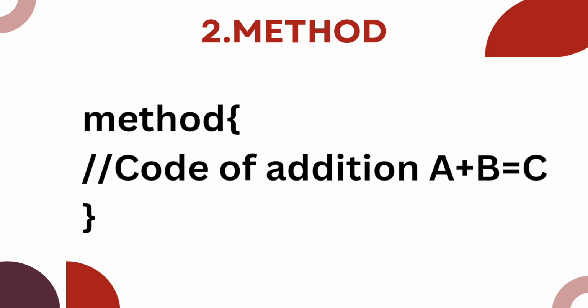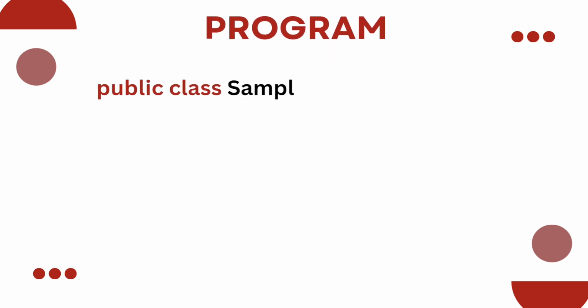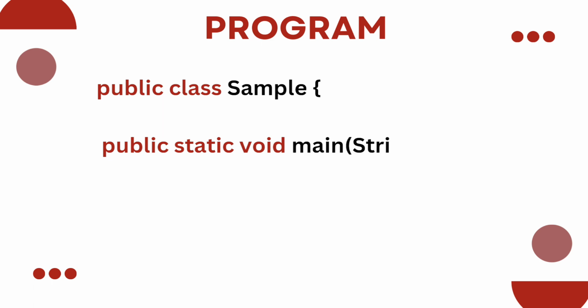And let's see a simple Java program. First, public class and the class name. You can give whatever class name you like. I'm going to give Sample, then open a curly brace, and inside that I'm going to create one main method: public static void main.